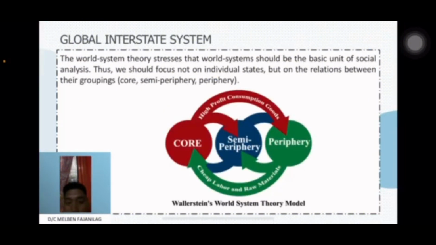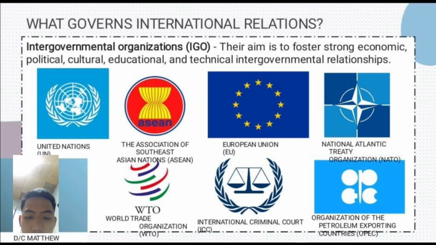The world system theory stresses that the world system should be the basic unit of social analysis. Thus, we should focus not only on individual states but on the relations between their groupings: core, semi-periphery, and periphery. What governs international relations?